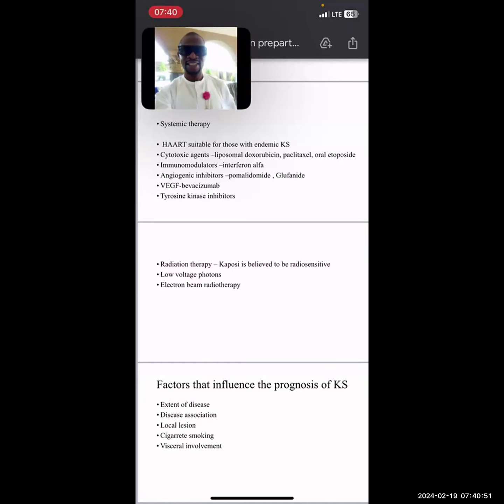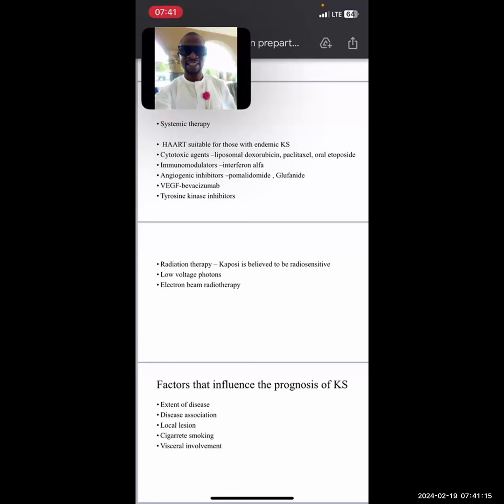And if the disease is associated with the use of immunosuppression, when you stop the immunosuppression, there can be a regression. That can also have a better prognosis. If the disease is locally seen, then use of local therapies may also give a better prognosis.